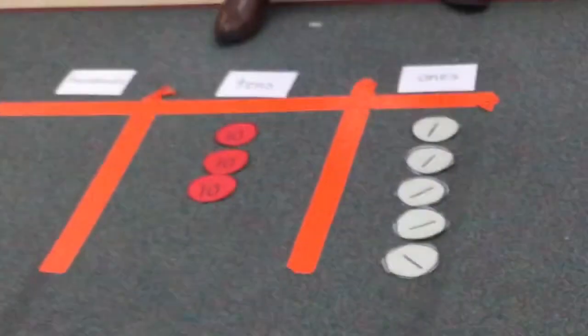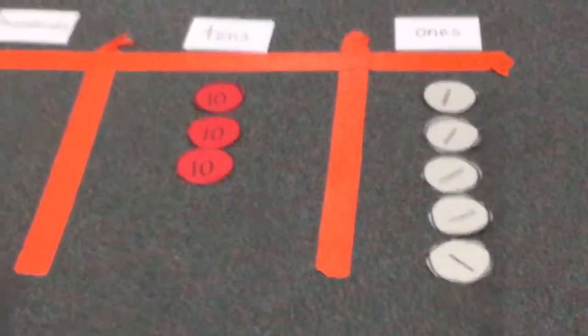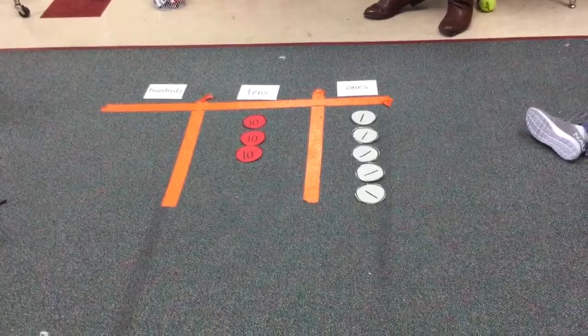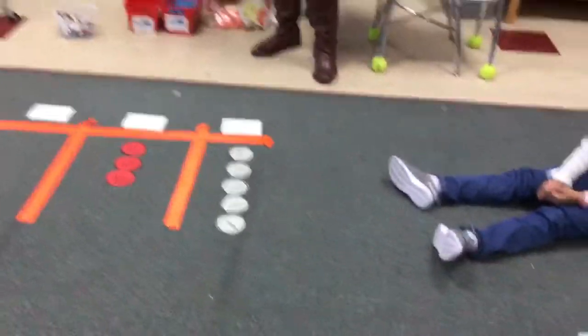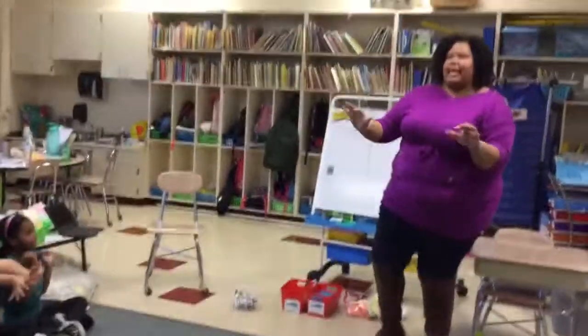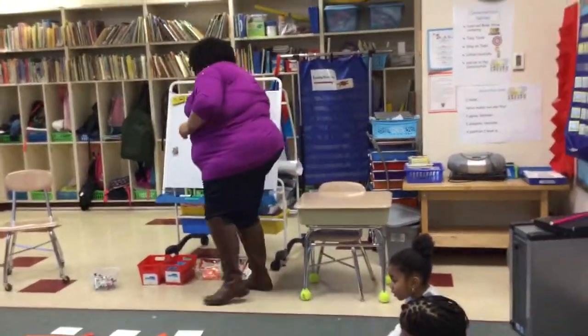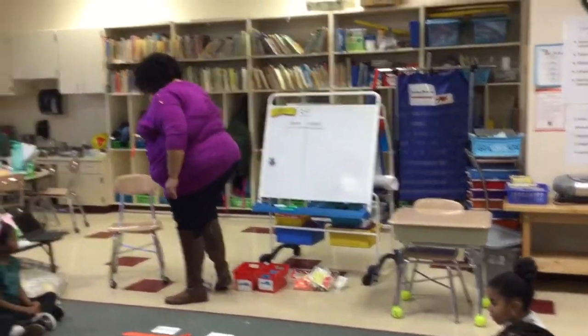All right? So, is the value of this 3? No. What's the value of it? 30. I have to count by 10 how many times? 3 times. Let's do that together. 10, 20, 30. So now I can write an equation, which is my expanded form.